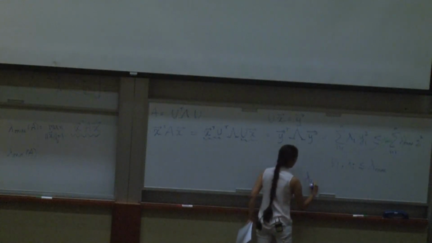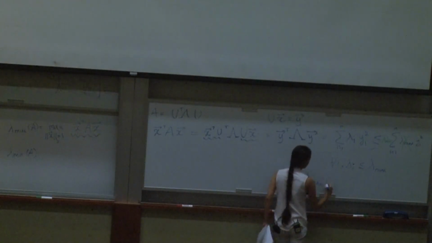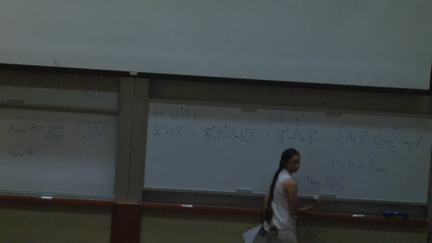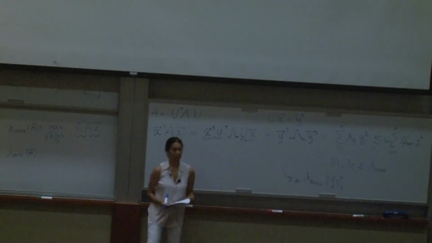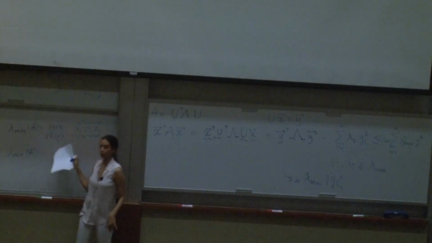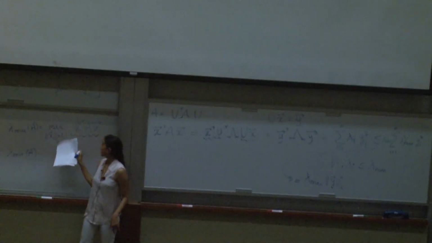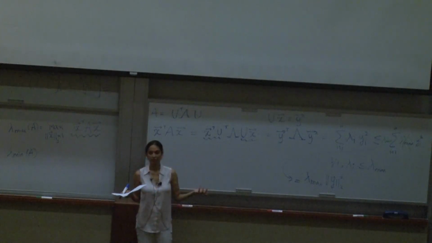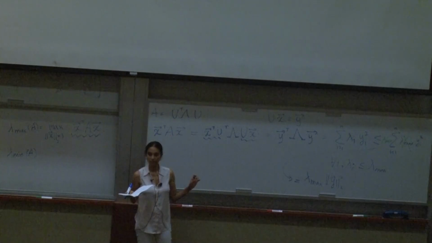This is just lambda max times the norm of y squared, right? And now if we started off with x as a unit vector, let's say, if we're looking for this form, x is a unit vector, what does that tell us about y? Y is also a unit vector. So are we done? Does everyone see this? Any questions here?